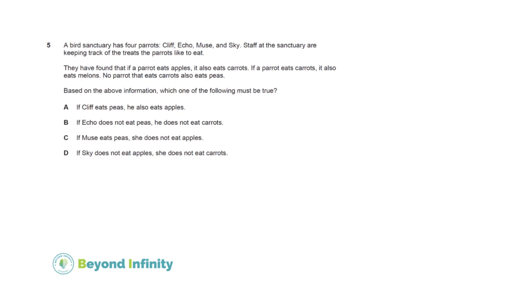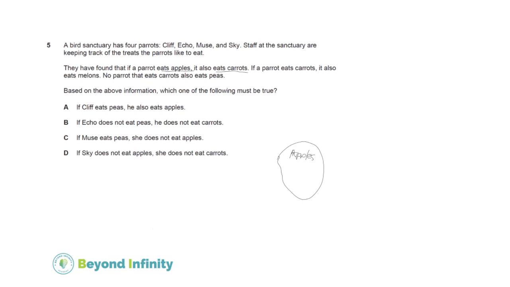So firstly, we see here that it says that if parrots eat apples, it also eats carrots. So let's draw a circle in the Venn diagram, and that is for parrots that eat apples. Now it says here, if the parrot eats apple, it also eats carrots.